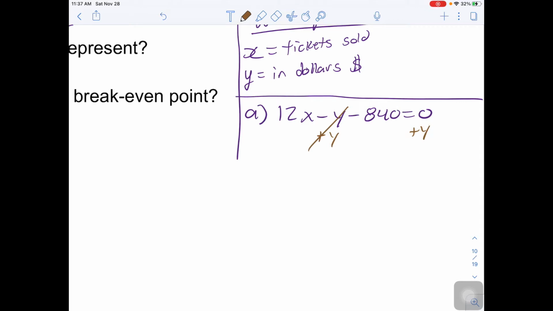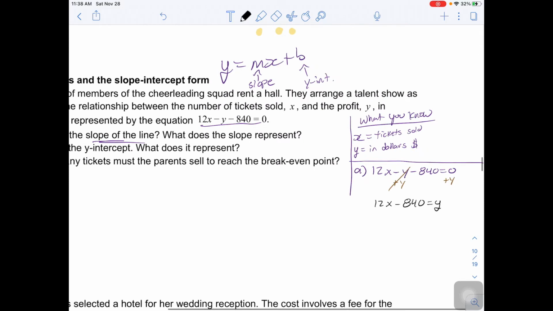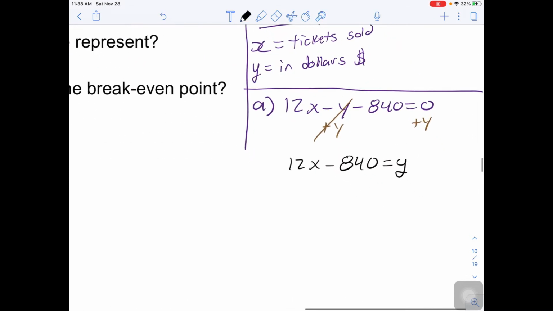So that doesn't cancel out. So here I get 12x minus 840 equals y. And now I'm in the y-intercept form. Recognize it can be backwards, like this is the same thing as this.